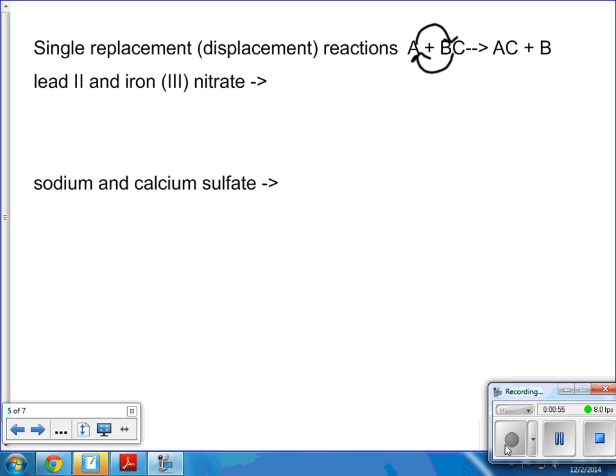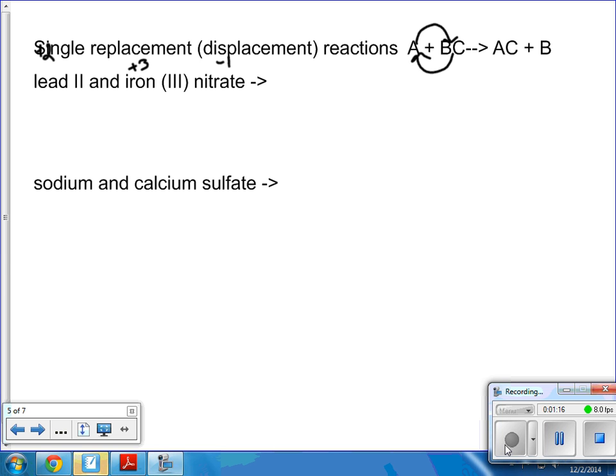So if we look at this first example, lead 2 and iron 3 nitrate, lead and iron are both positive. If we look at our Roman numerals, this tells us lead's a +2, iron's a +3, nitrate's a -1. So we know our two positives are going to trade places.